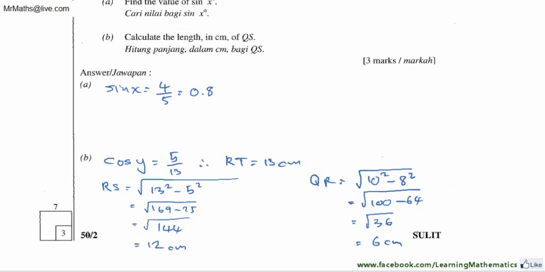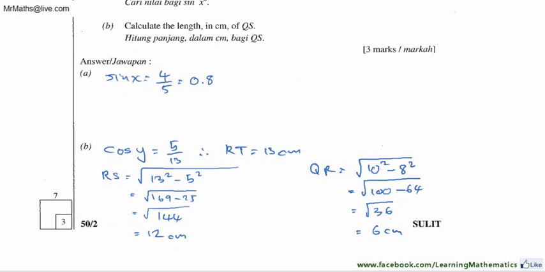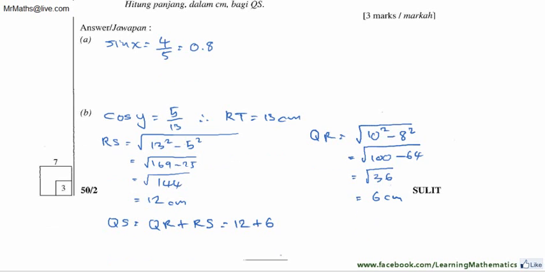Then the question is QS. QS is QR plus RS, which is 12 plus 6, which is 18 cm.